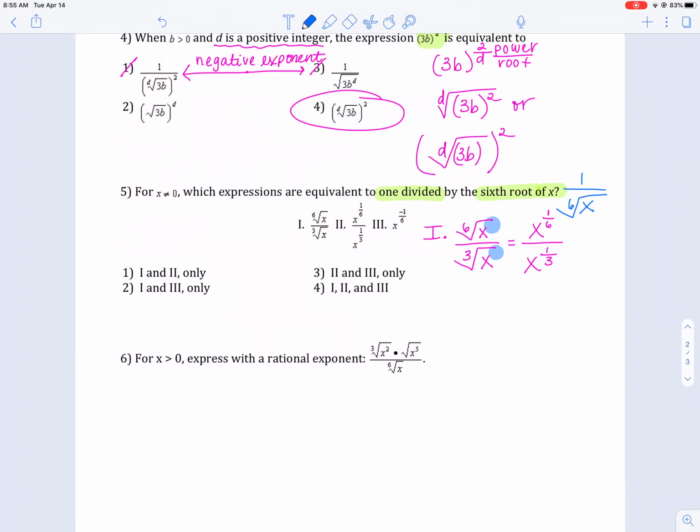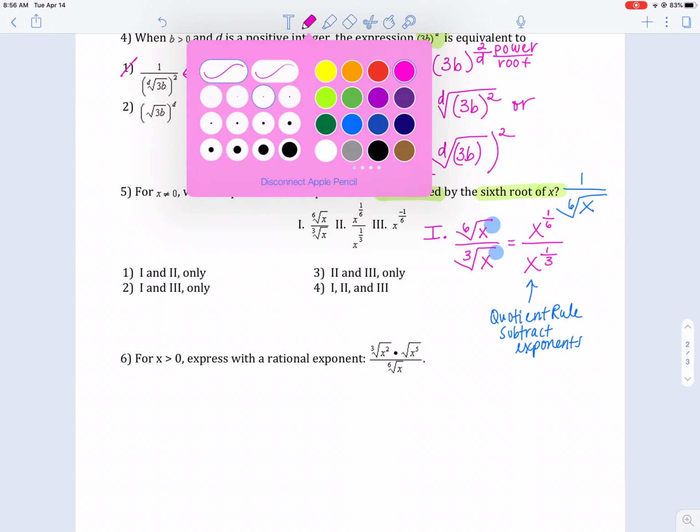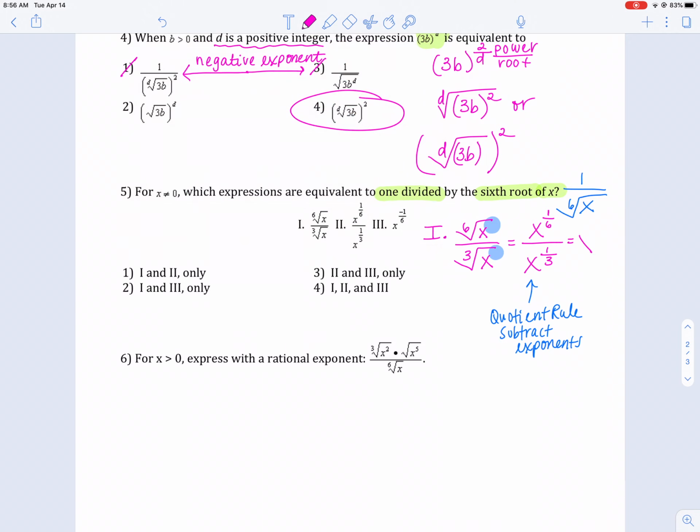I'm going to make a little note right here. Quotient rule. What does that mean? It means to keep your base, subtract exponents. Okay, so that means x to the 1/6 minus 1/3.